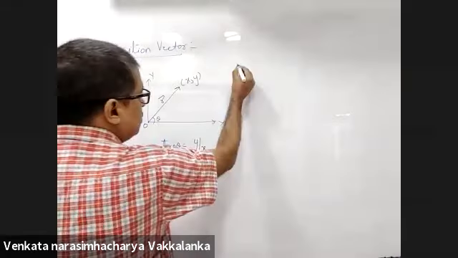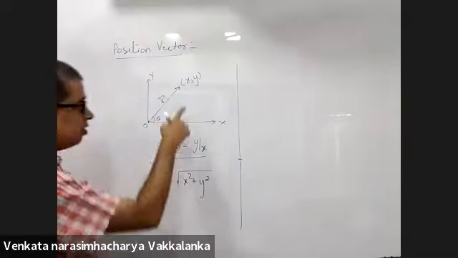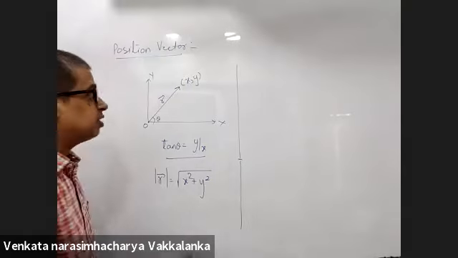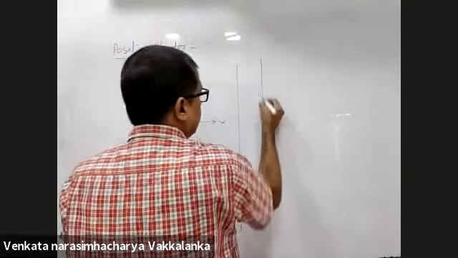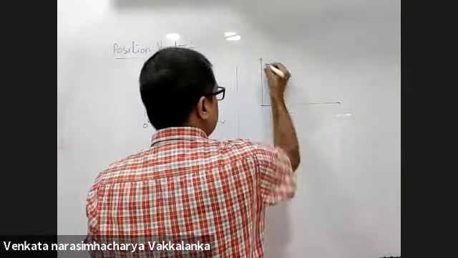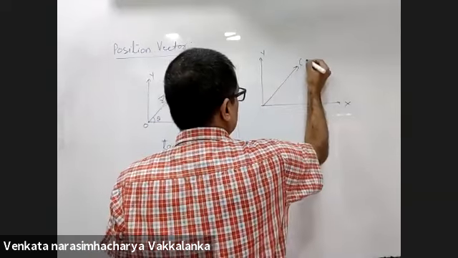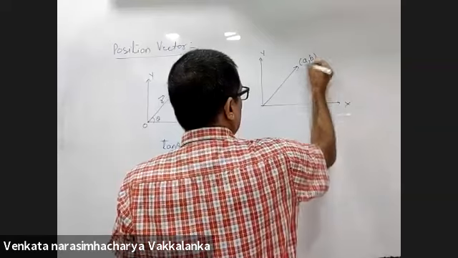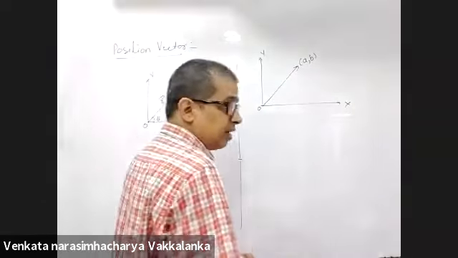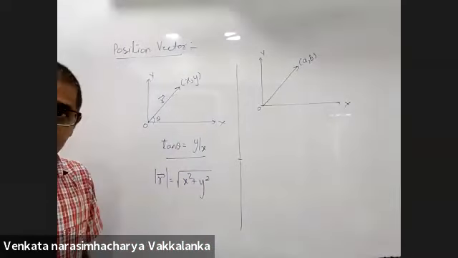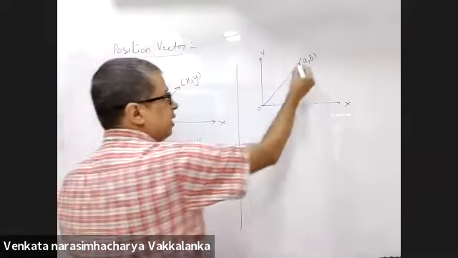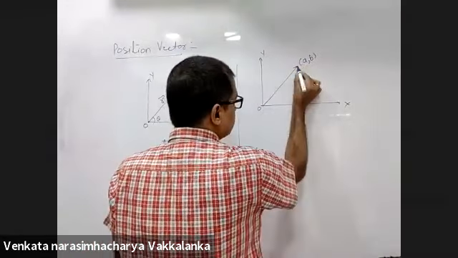Now we will represent this in vector form. Suppose I call it A comma B. This is the x-axis, this is the y-axis. This is A comma B, the coordinates of the head of the vector. A is the x component.